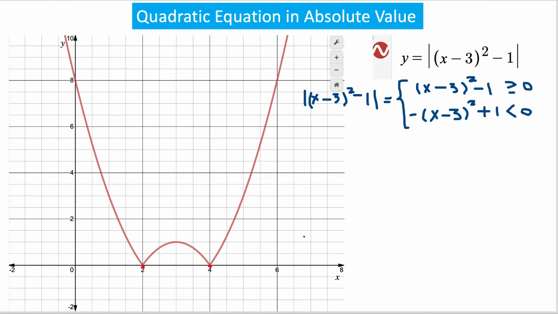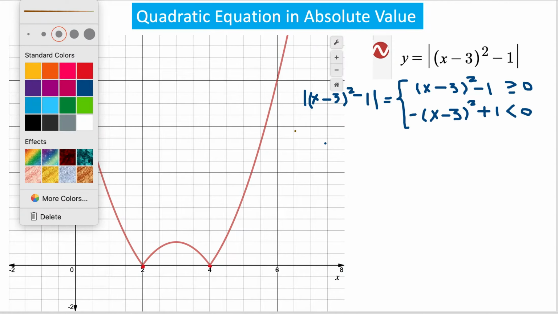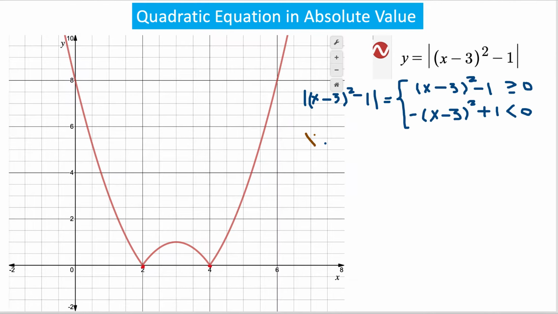And now, the most important thing here is to find the zeros of the quadratic function. First, taking this interval, x minus 3 squared minus 1 is smaller or equal to 0.